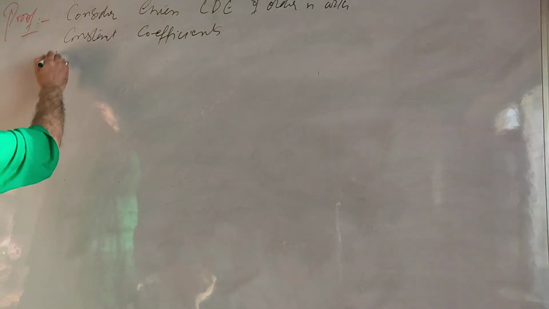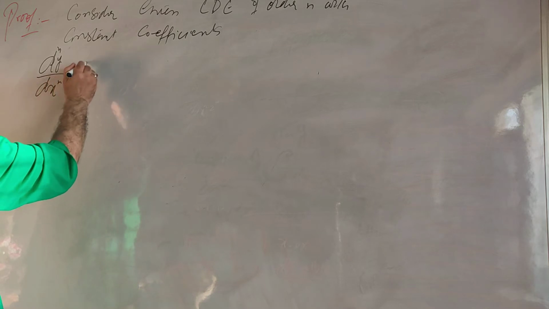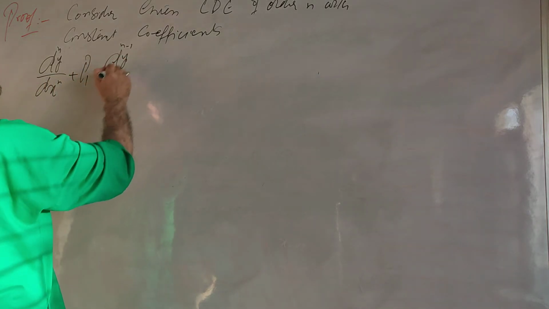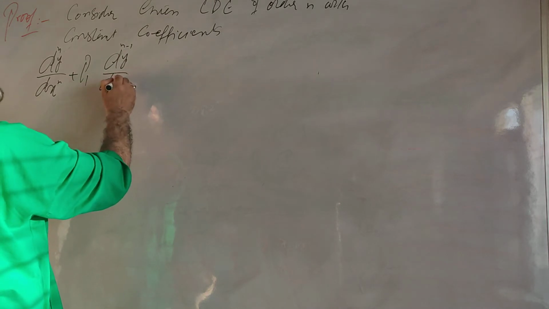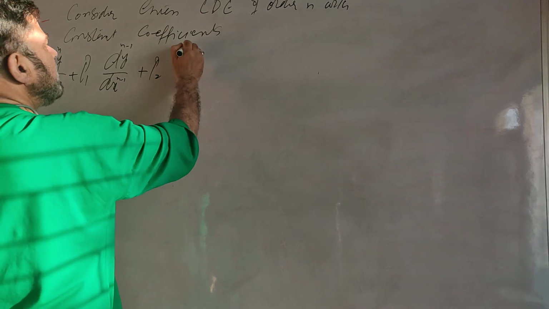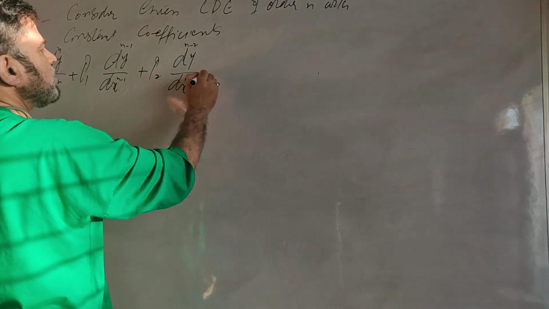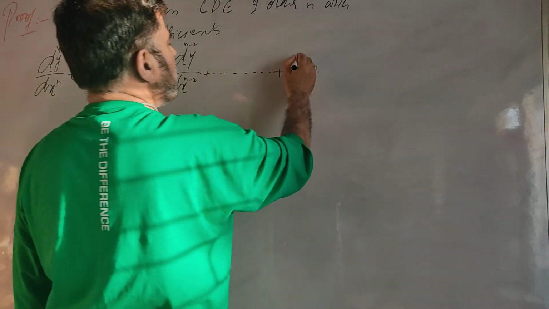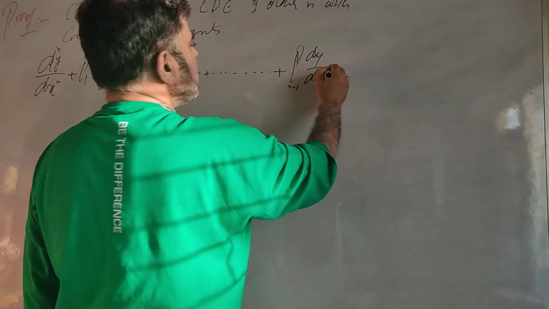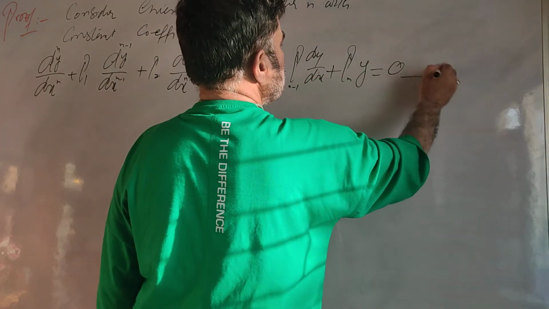It was d^n y/dx^n plus p1 d^(n-1) y/dx^(n-1) plus p2 d^(n-2) y/dx^(n-2), so on, p(n-1) dy/dx plus pn y is equal to 0.